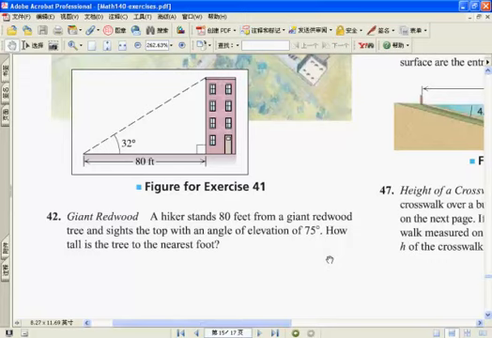Let's go back to the whiteboard. So this is page 497, problem 42. And let's first draw a sketch. It says a hiker is 80 feet away from a tree.